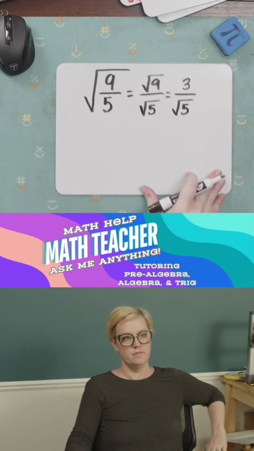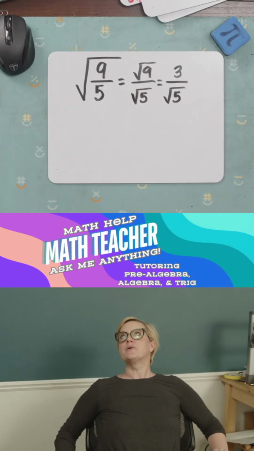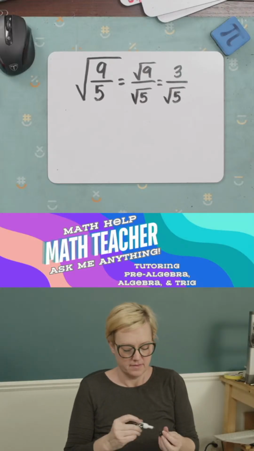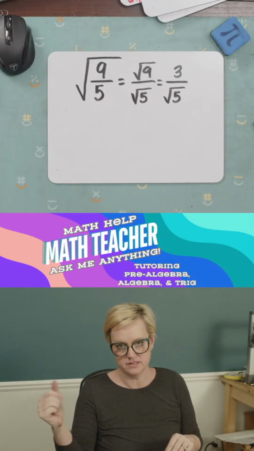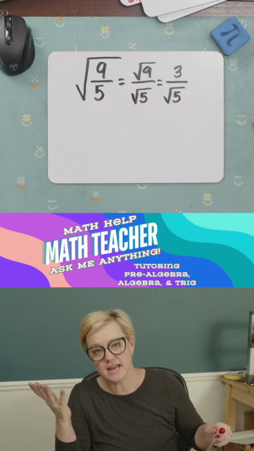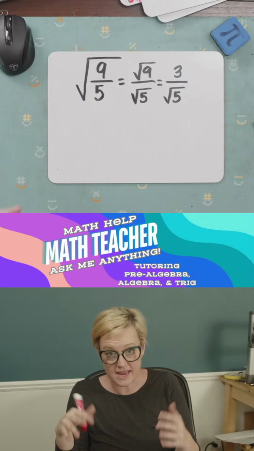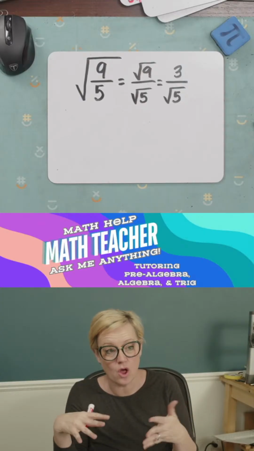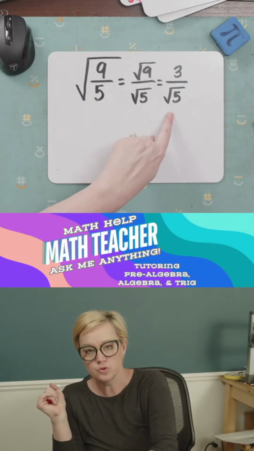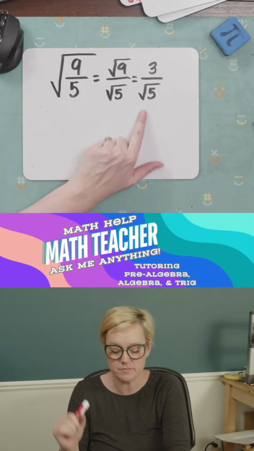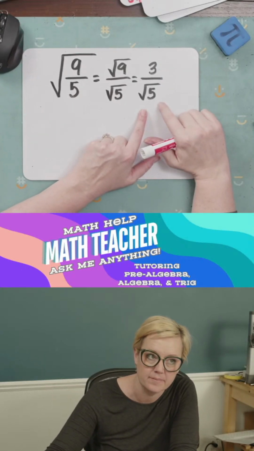But gasp, there's a square root in the bottom. It doesn't really matter. It does, but it doesn't. Your textbook, the SAT, the ACT, standardized tests, they're all going to want you to rationalize this denominator, which means we cannot have that root in the bottom.